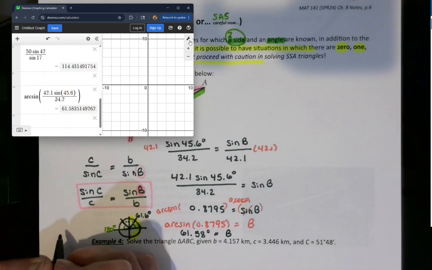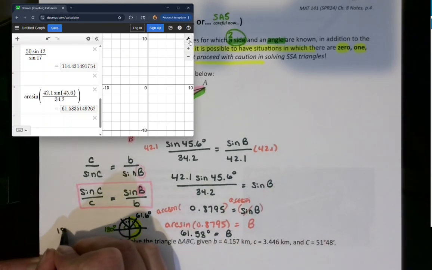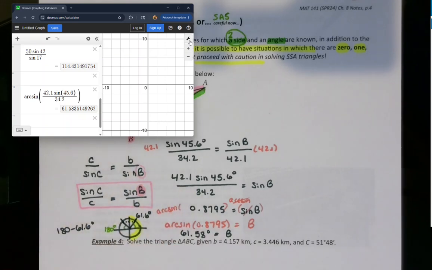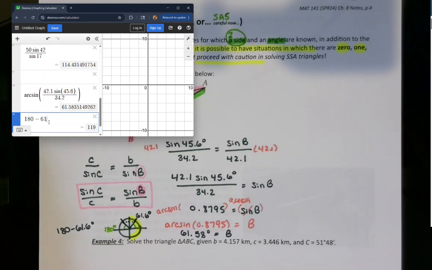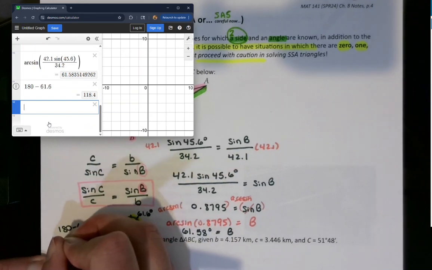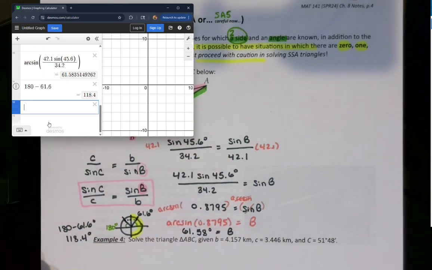So if I take 180 minus that 61.6 degrees, it gives me another possible solution. 180 minus 61.6 gives me a possible solution of 118.4 degrees.